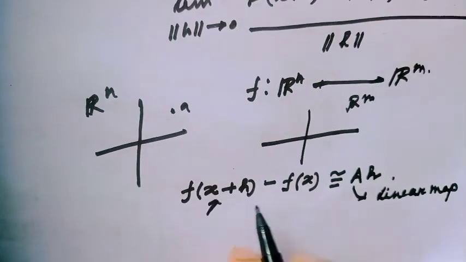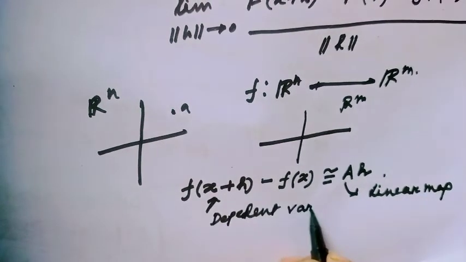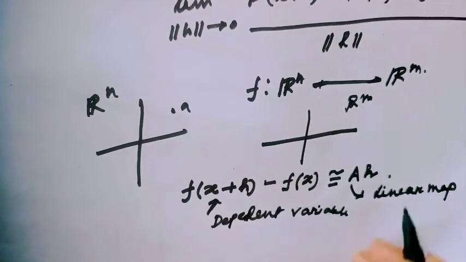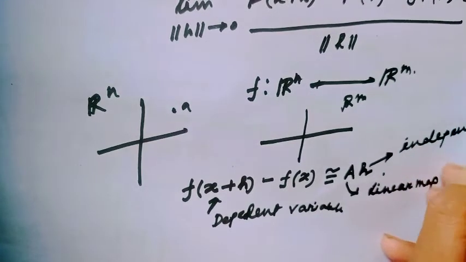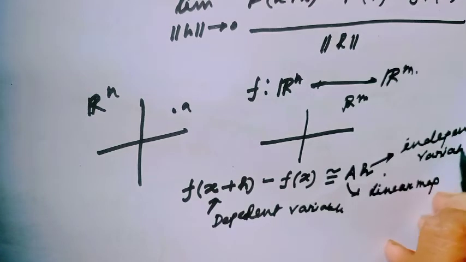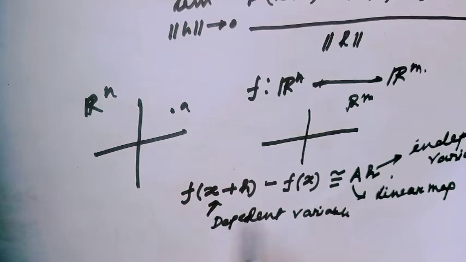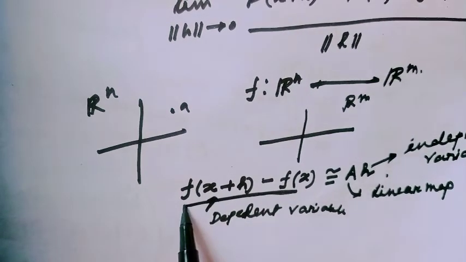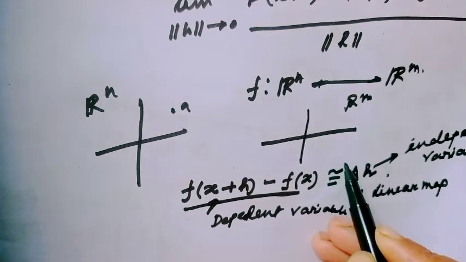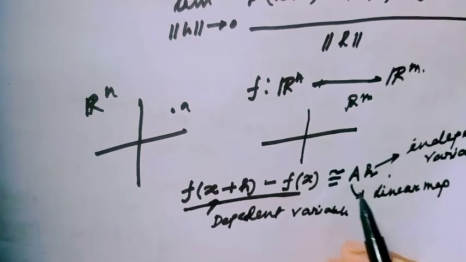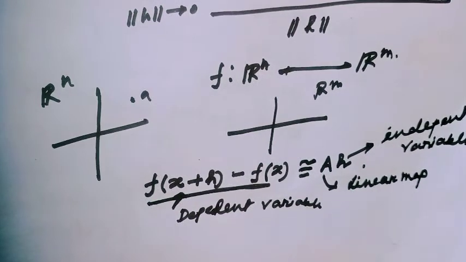And here this is the dependent variable and small h is the increment in the independent variable. That means this implies the increment of the dependent variable is approximated, denoted as approximate, by the increment of the independent variable.